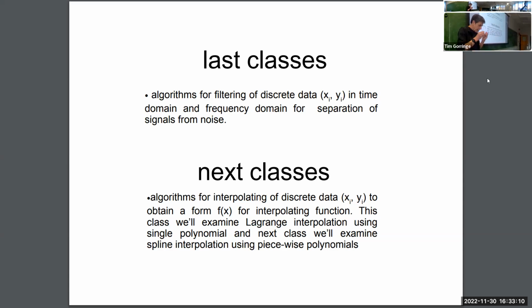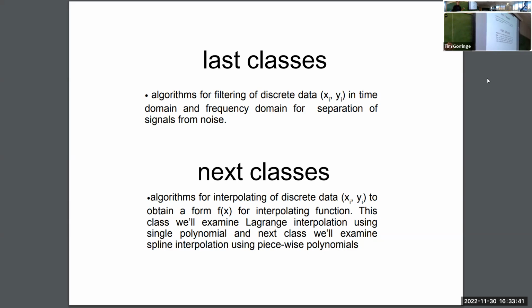So in the last couple of classes, we were solving a problem of how do we filter an interesting signal from maybe noise or maybe other signals. In this class, we're addressing the problem of how do we interpolate data points to the regions between the data points.